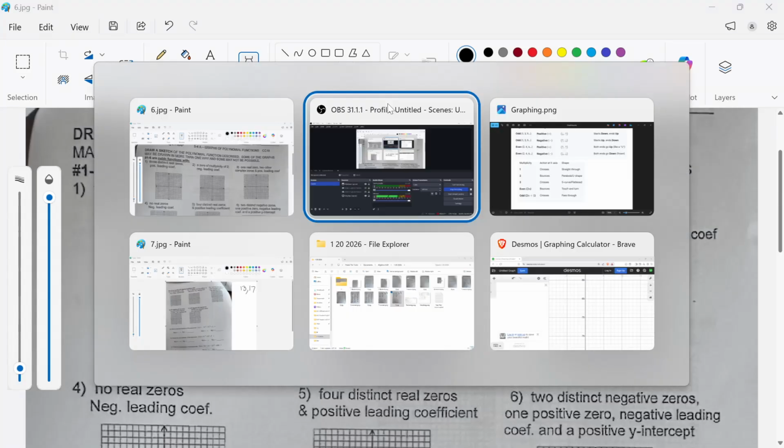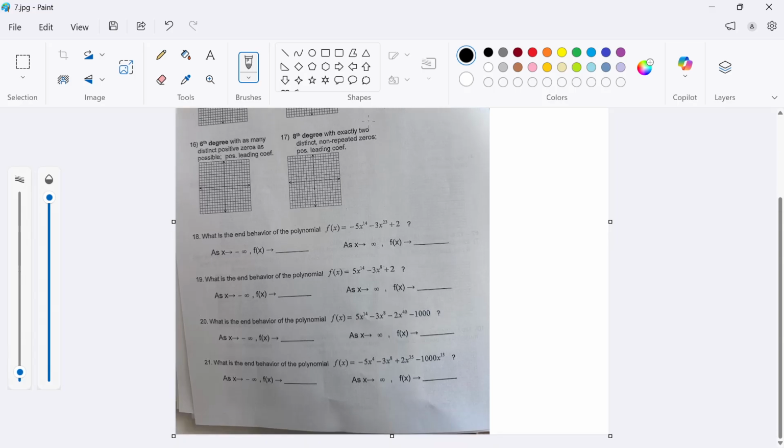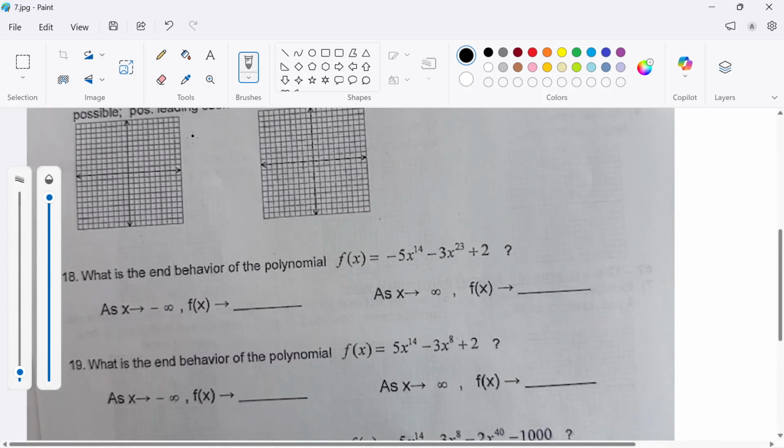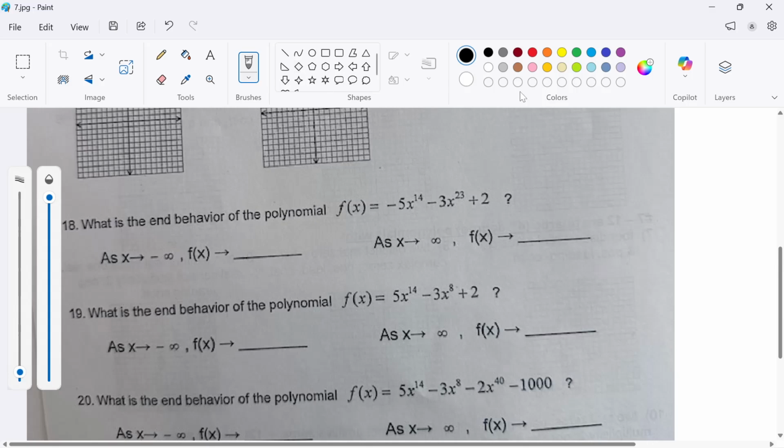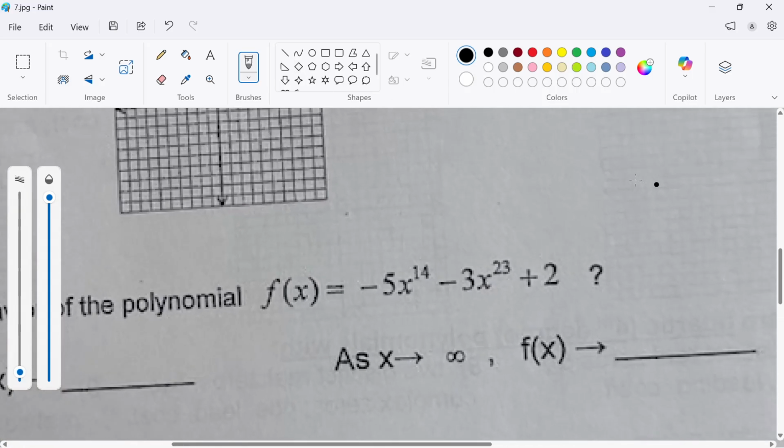So let's do a few of these. I'm going to start with this one, and then I'll go to the other page. What is the end behavior of this polynomial? Now you've got to watch out, because in standard form, I'm supposed to have the variable to the highest power all the way to the left. But here I don't.